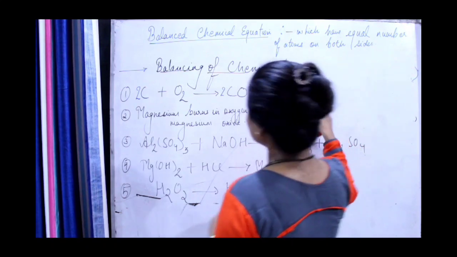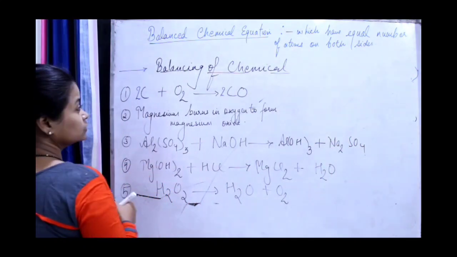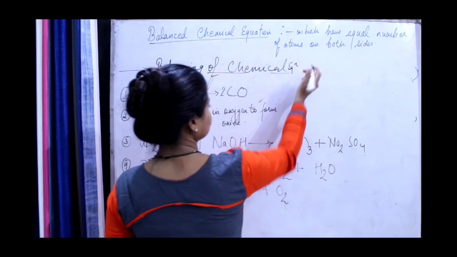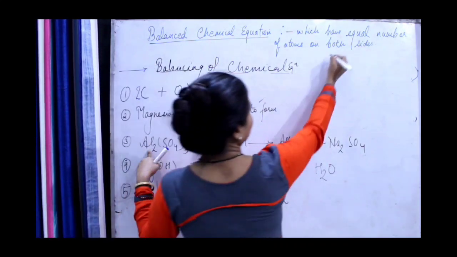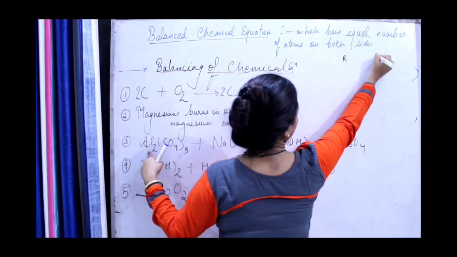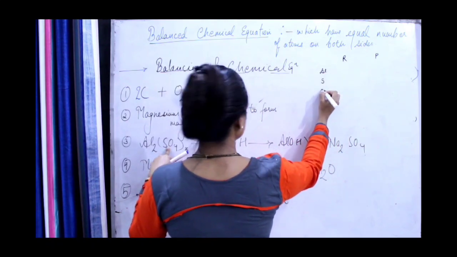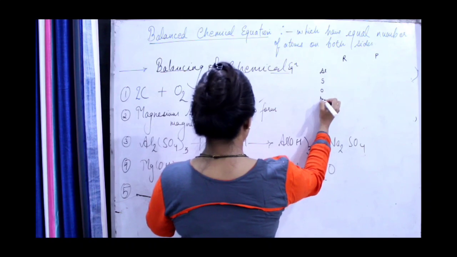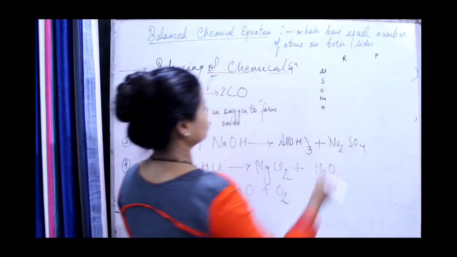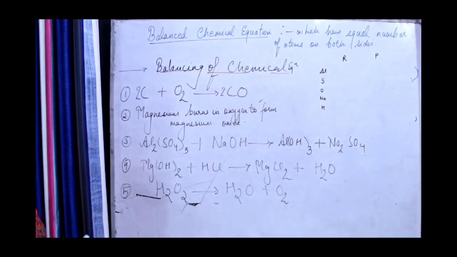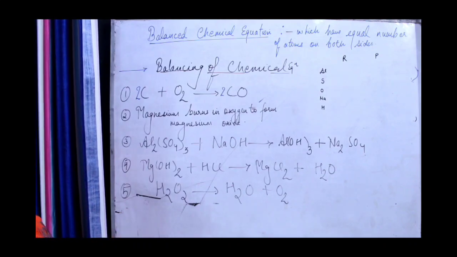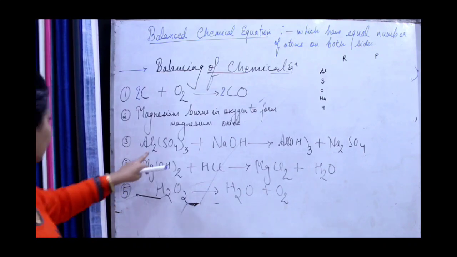I have rubbed it here. I need space, that's why. Reactant, product. First is Al, S, O, Na and H. Isn't it? These all are there. Let us write the elements.